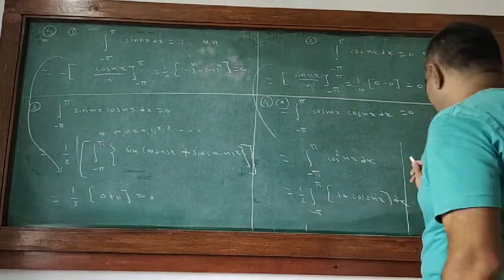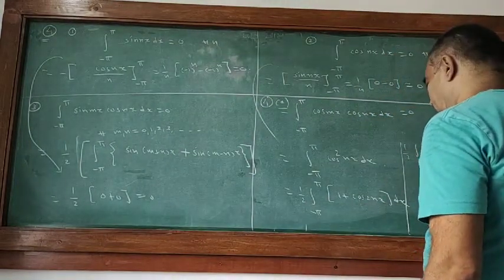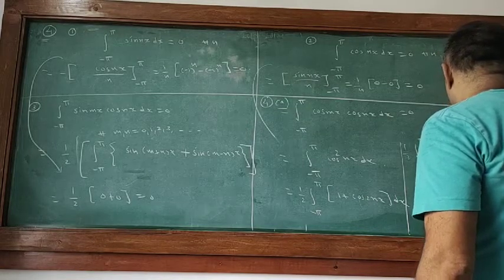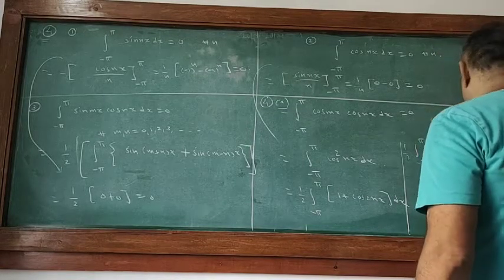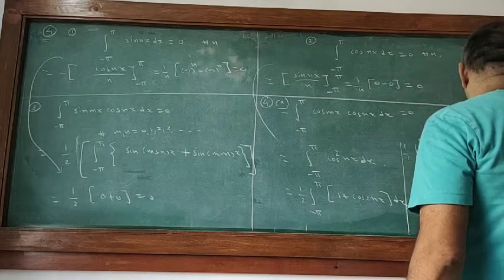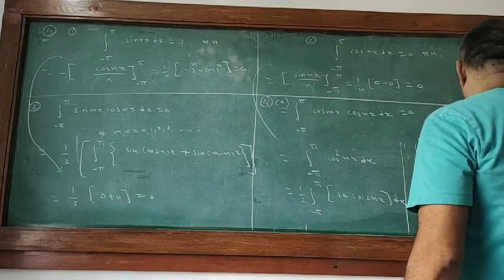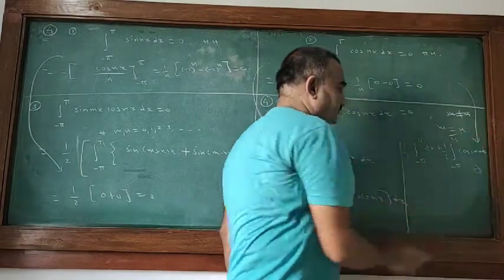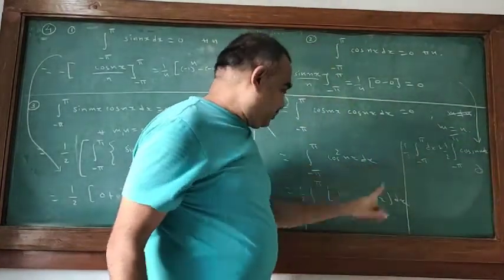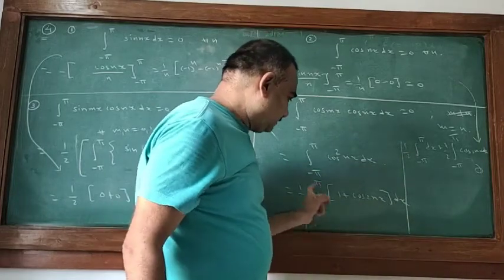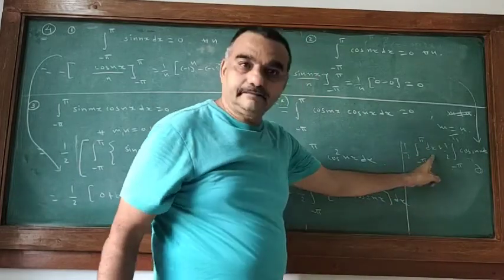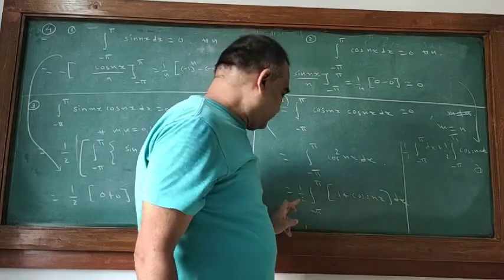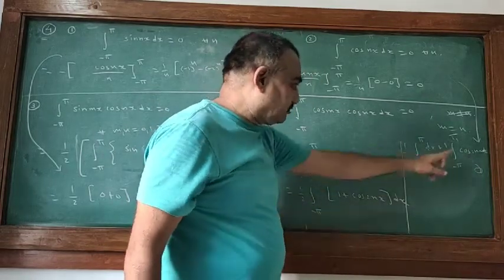The first term is 1 by 2 integral from minus pi to pi dx, and the second term is 1 by 2 integral from minus pi to pi of cos 2nx dx.